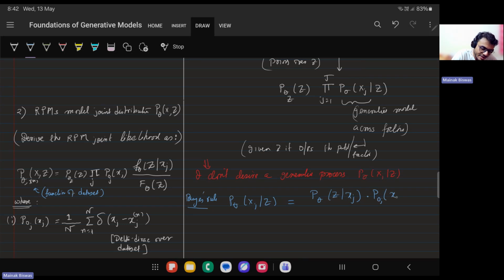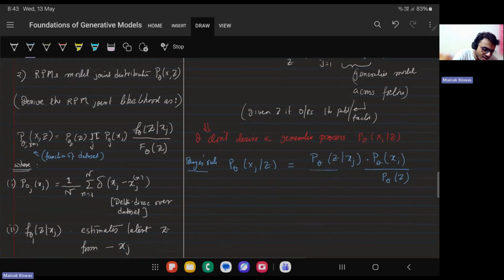We will see why I'm writing this. I will not learn this. But let us write p theta for the time being, and then we'll come back to this p theta of xj by p theta of z. I'll show you what my modeling choices will be.